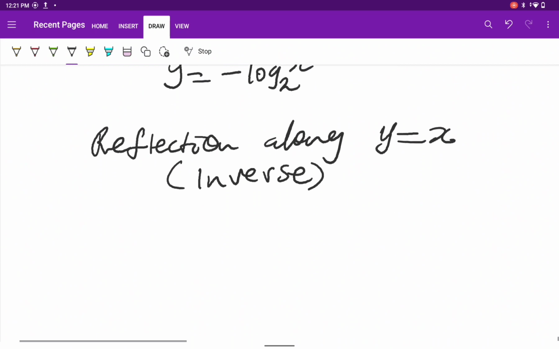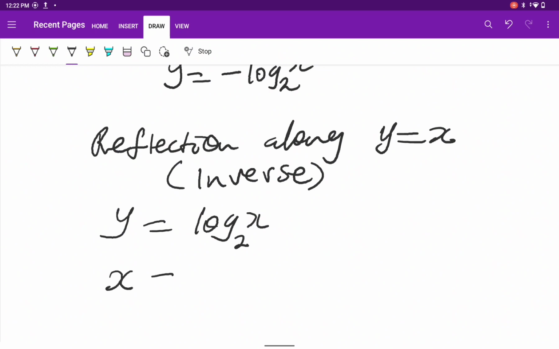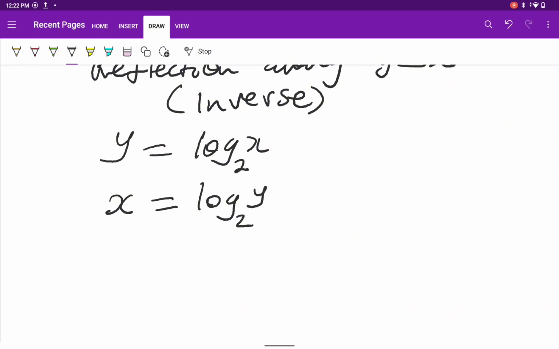So we want to reflect y equals log x base 2 along the line y equals x. Step 1, we exchange x and y. Where we see y, we put x, and where we see x, we put y, and then we solve for y.